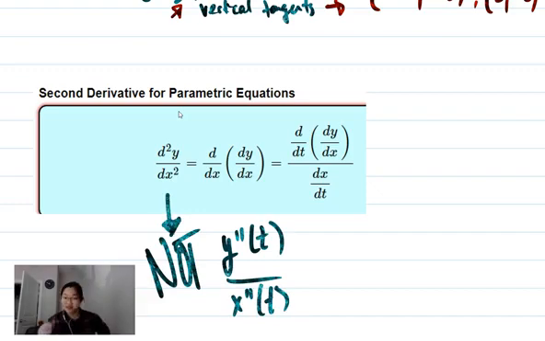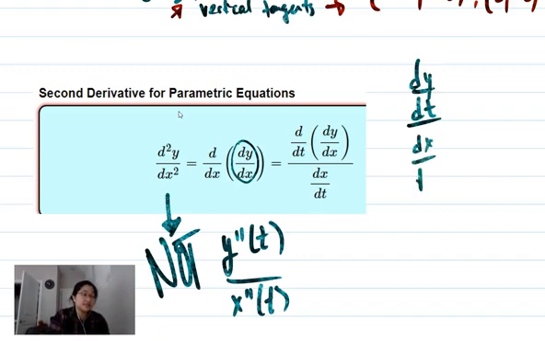That's not the same. What we are really doing is taking our derivative with respect to x again. So we are looking at dy/dx, which, as we recall, is dy/dt over dx/dt, and we're taking our derivative with respect to x again.